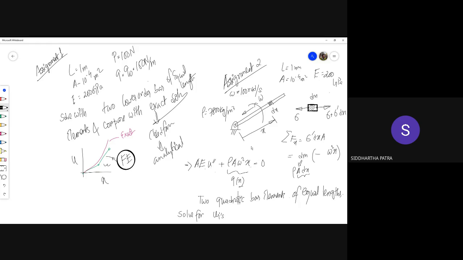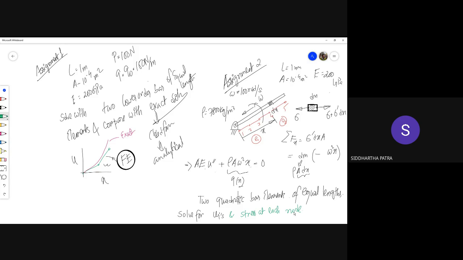So if you take two quadratic elements, you'll have a total of 5 nodes, 1, 2, 3, 4, 5. So 5 u's, and there would be two elements, e1 and e2. Now in each element, find the stress at each node.